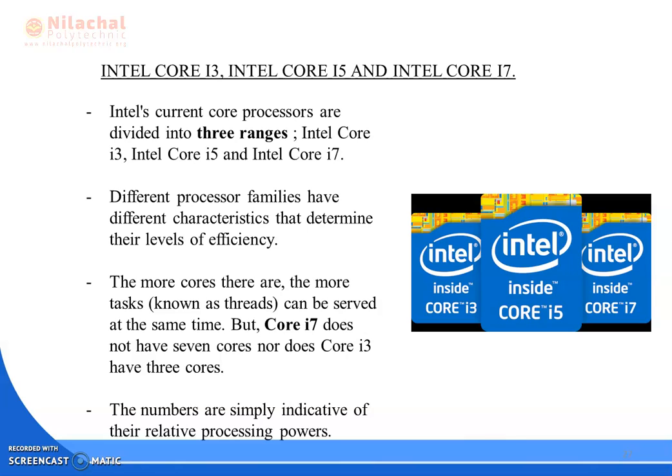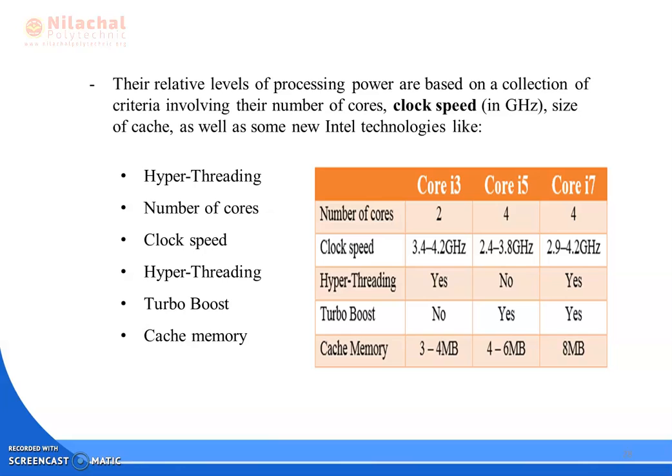So there are some factors which decide whose processing power is much better than the other, how i5 is better than i3, or how i7 is better than i3 and i5. All of these are defined by some factors. So we are next going to discuss those factors.